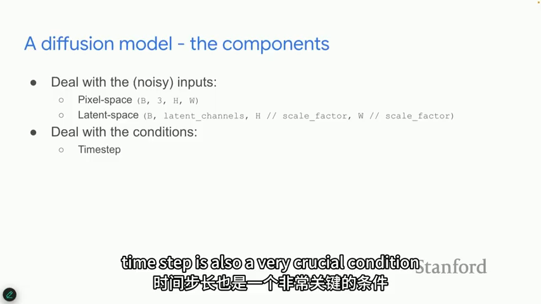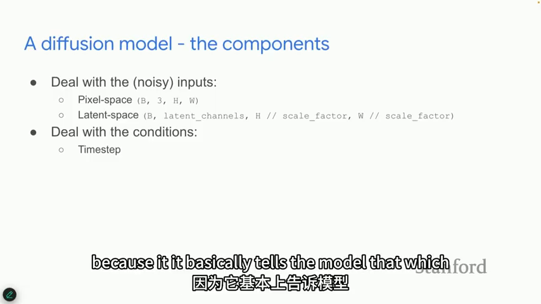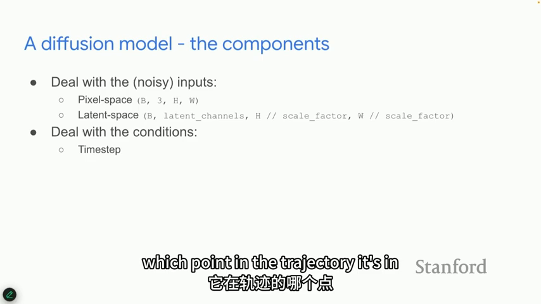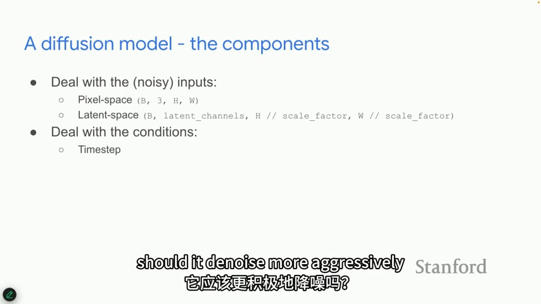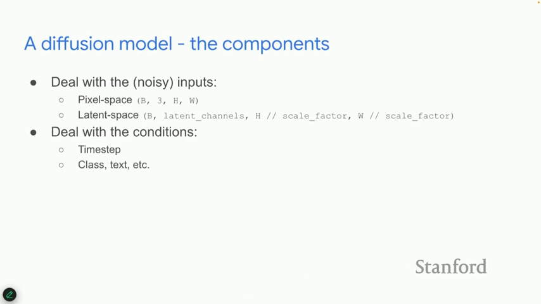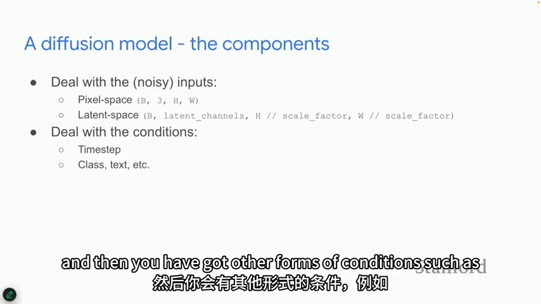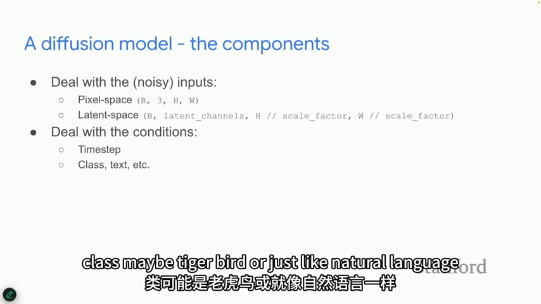So time step is also a very crucial condition, because it basically tells the model which point in the trajectory it's in. Should it denoise less? Should it denoise more aggressively? And so on. And then you have other forms of conditions such as class, maybe tiger, bird, or just natural language.